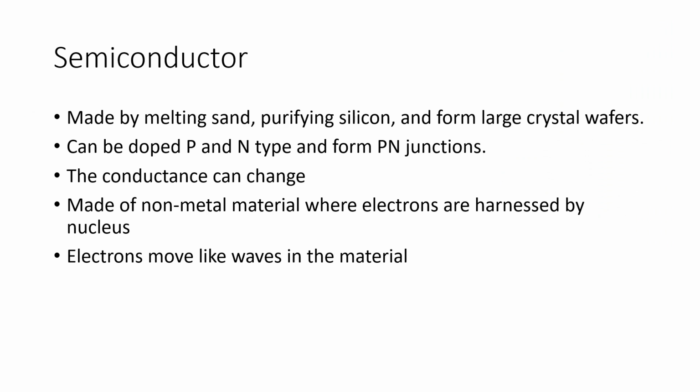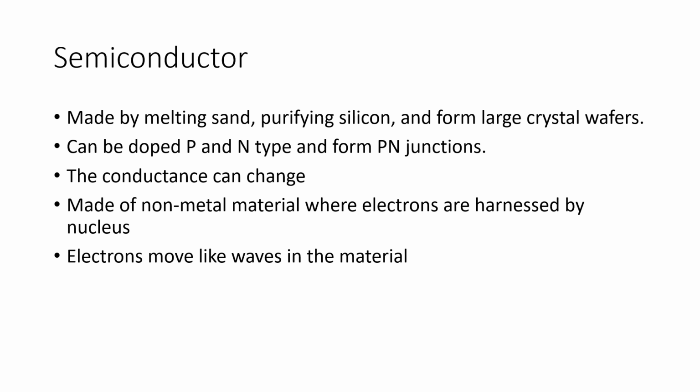The semiconductor is a very interesting material. It is made by melting sand, one of the most abundant materials on Earth. And we purify the melt to form silicon and then form large crystal silicon wafers.